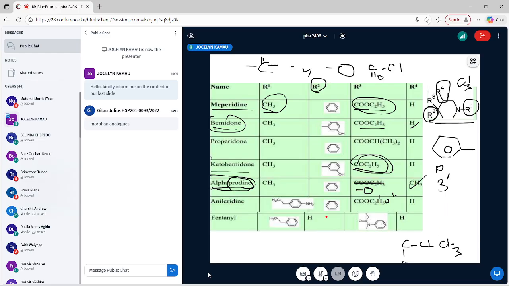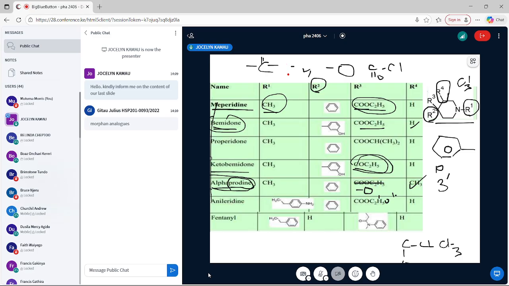There could be others, but those are the ones that I've given you as our examples. Now, remember, we said in the 4 phenyl piperidines, you have a subset of what we call the anhydropiperidines. I hope you can remember, we didn't mention the anhydropiperidines. Now, when you talk about the anhydropiperidines, there is a very slight difference.